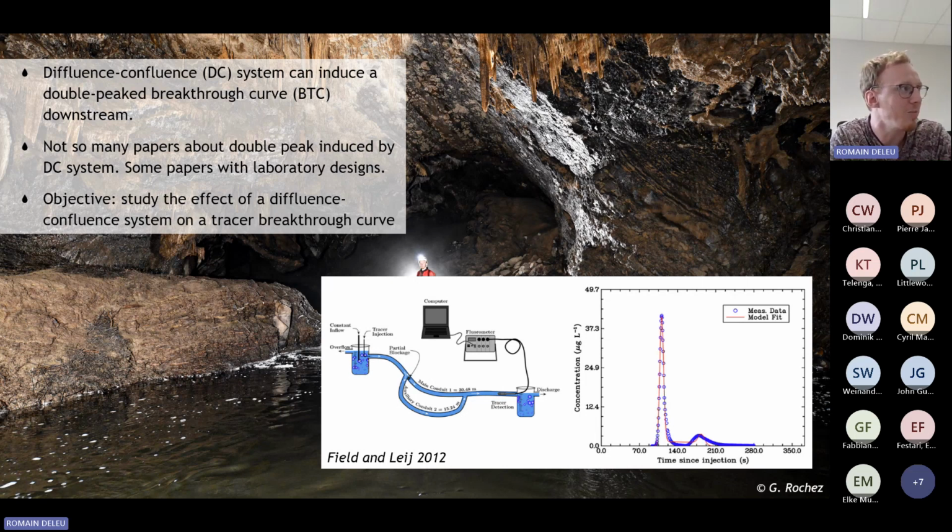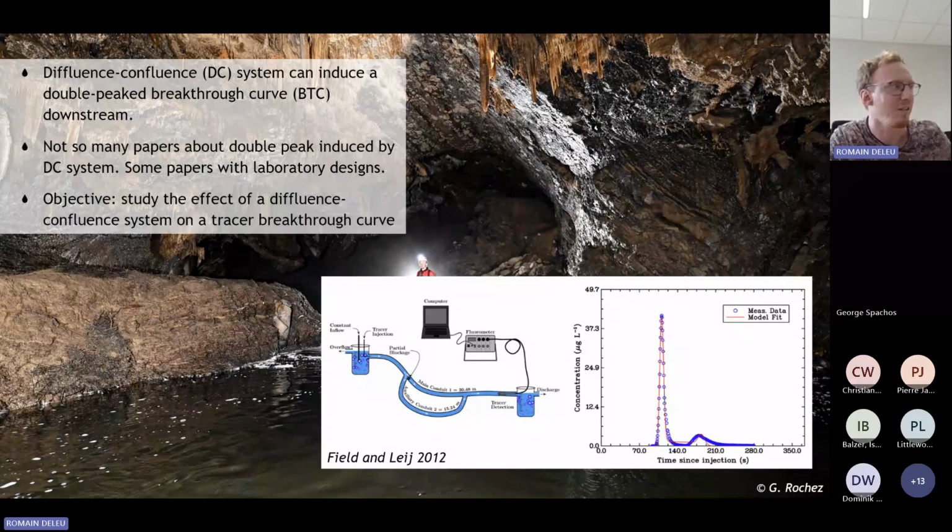There are not so many papers about double peaks induced by this kind of system. There are some papers that talk about this with laboratory designs, but not so many with field studies. So the objective here is to study the effects of such a system on a tracer breakthrough curve, just like the figure here, but in the field, in an actual cave.